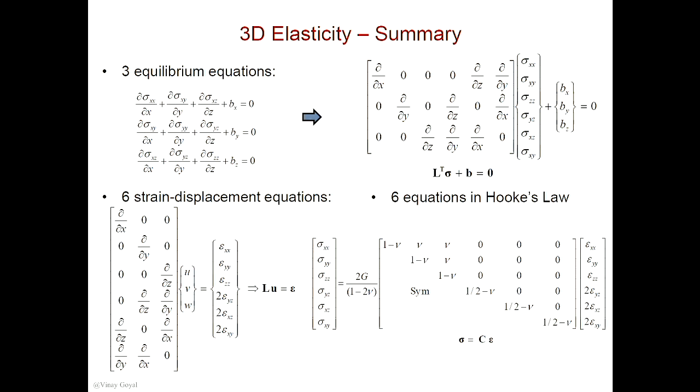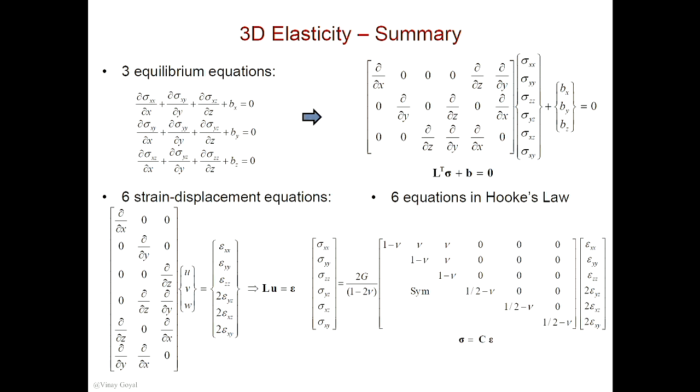We also have 6 strain displacement relationships. The strains are related to the displacements, and if you go back to the definition of strains relative to displacements, you will see that we'll get it correctly. So if I took this L transpose and transposed it, I will get L, which is a 6 by 3 matrix. And what you see here is if I multiply this row by that column, I get the derivative of u with respect to x equals epsilon xx, which is correct.